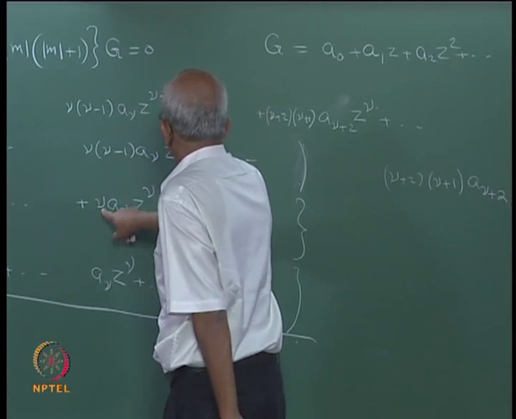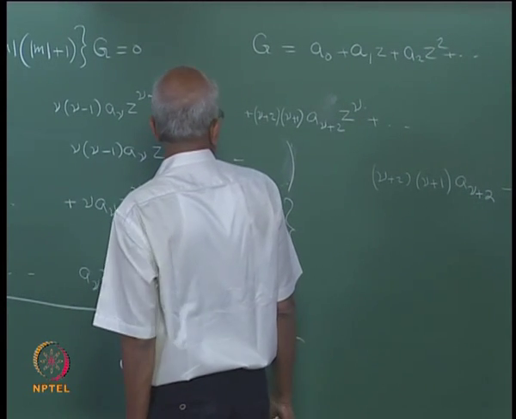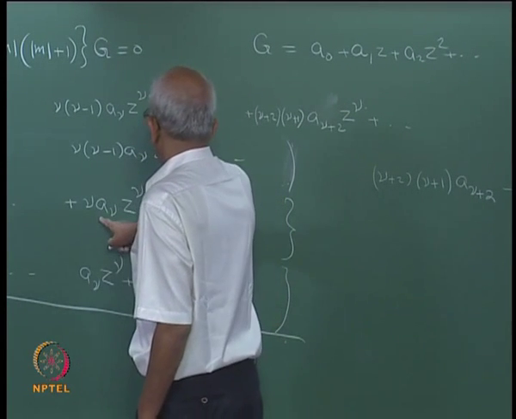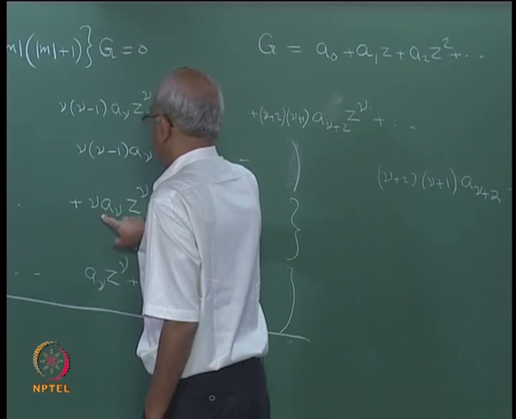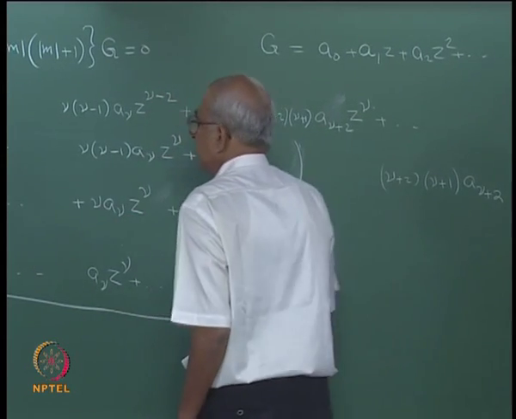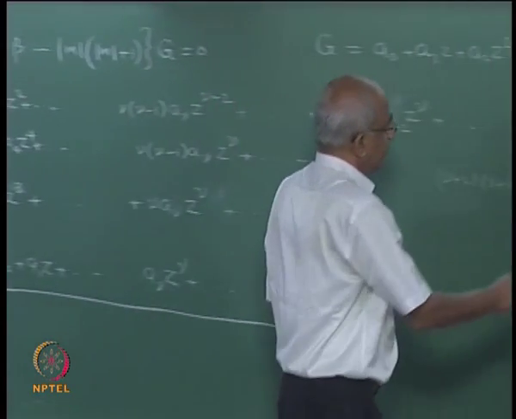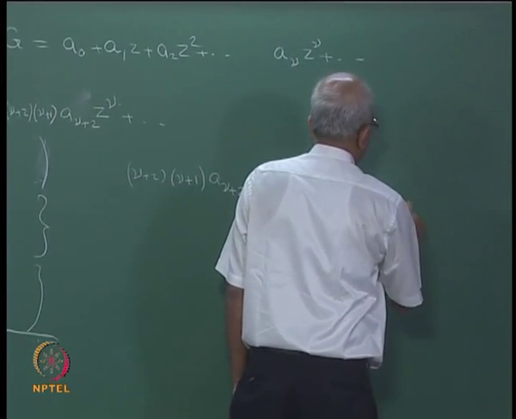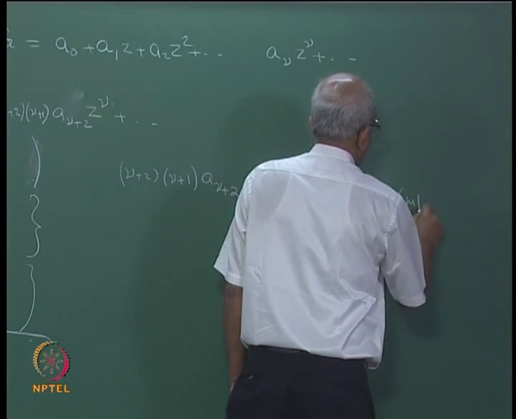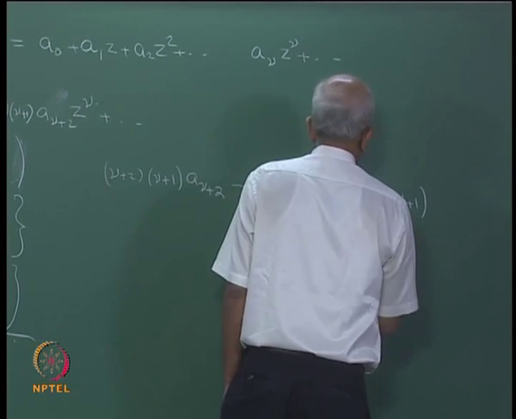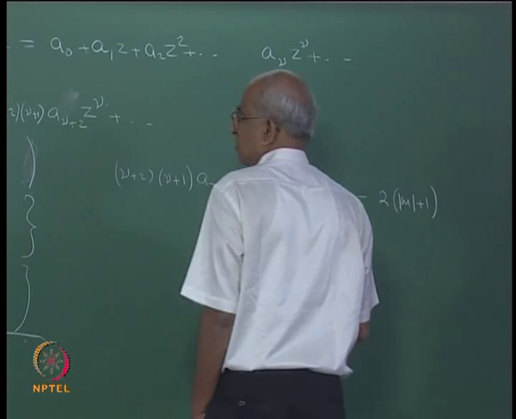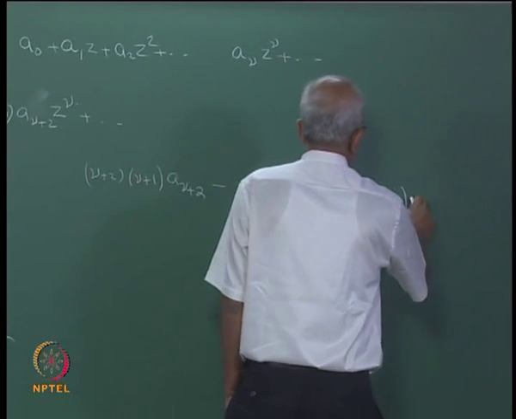I will get that is a minus 2 m plus 1 nu into A nu.